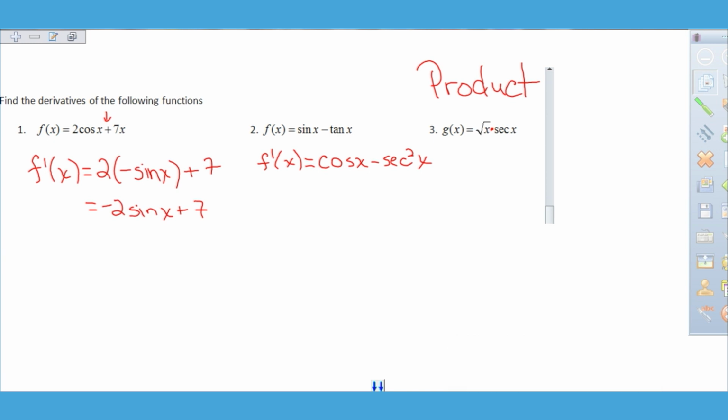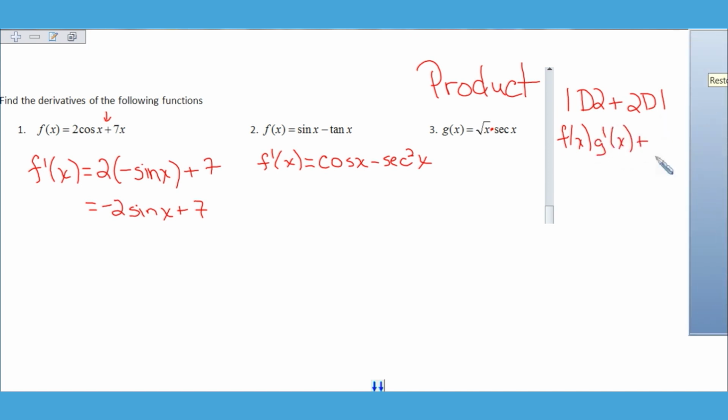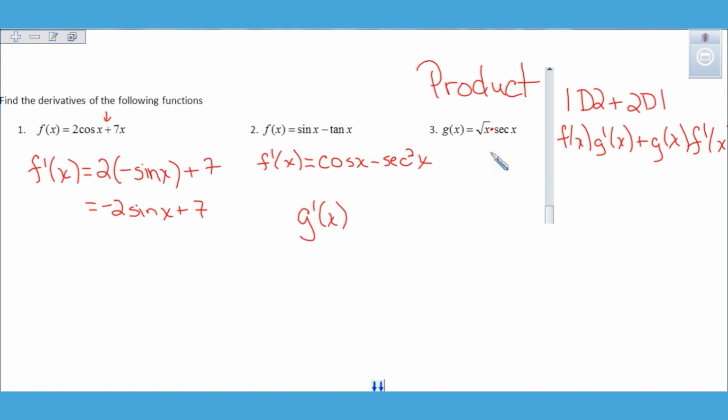In the product rule, we must do 1 d2 plus 2 d1, or f of x times g prime of x plus g of x times f prime of x. Sorry, I think I ran off the page. So here's number 3, g prime of x, because I'm getting large in writing.